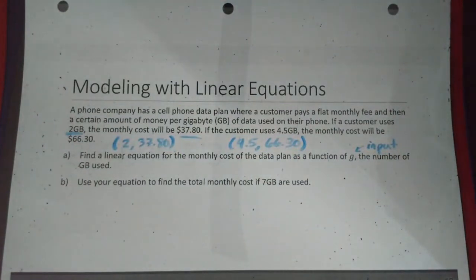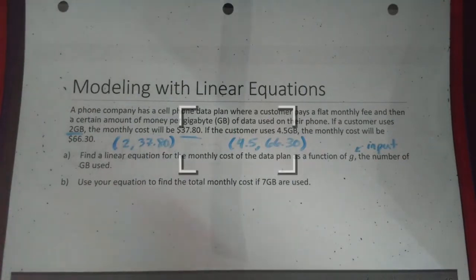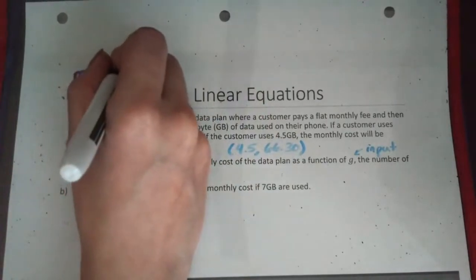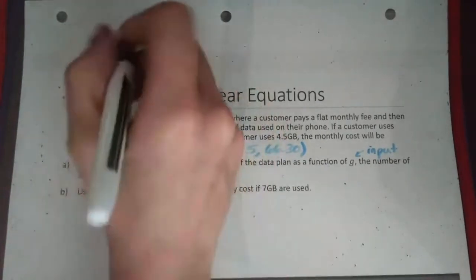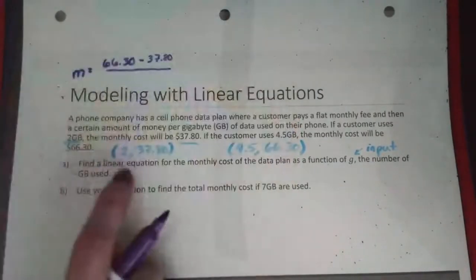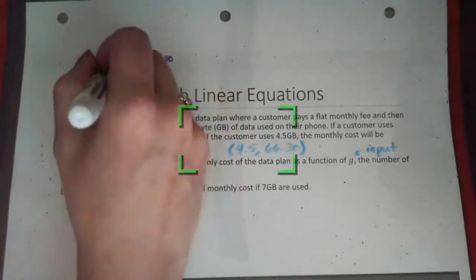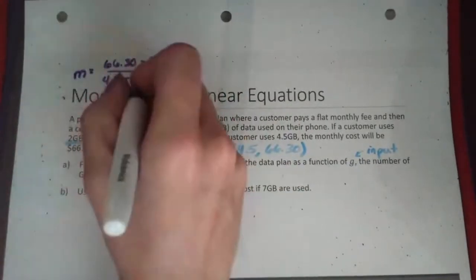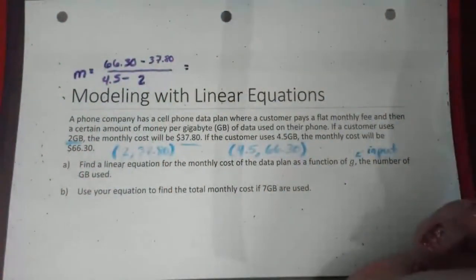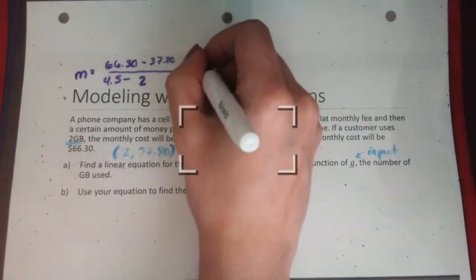That means we can find a slope. And since we're finding a linear equation, we definitely need a slope. So let's start by finding that slope. Our slope m is equal to y2, which is 66.30, minus our y1, 37.80, over x2, 4.5, minus our x1 of 2. 66.30 minus 37.80 is 28.50.